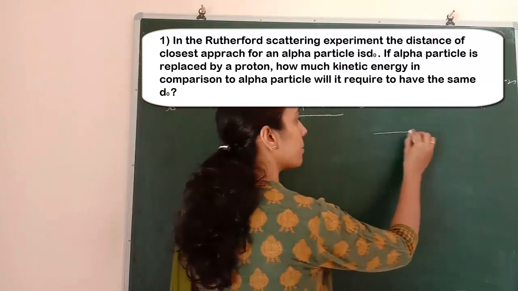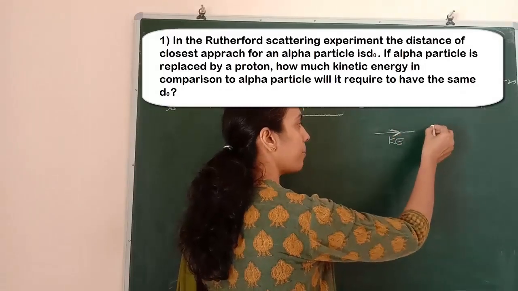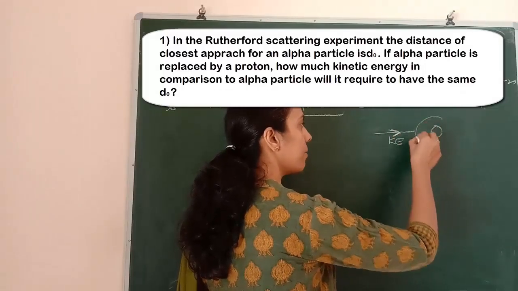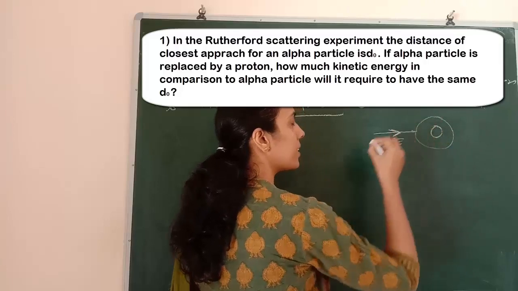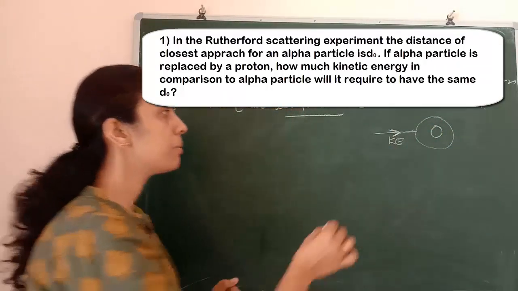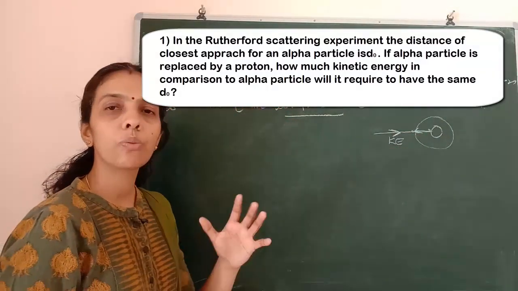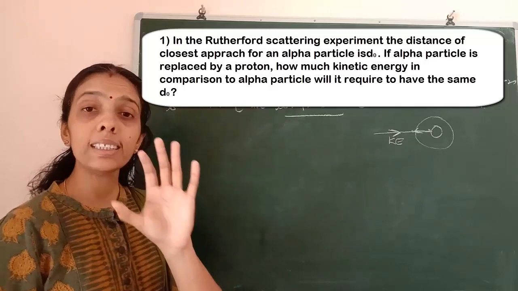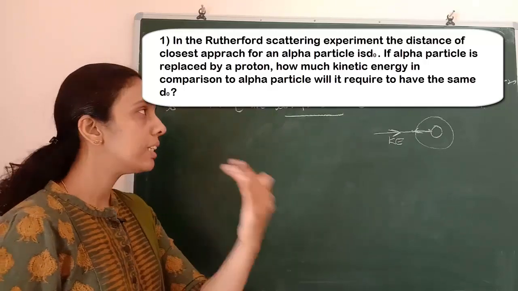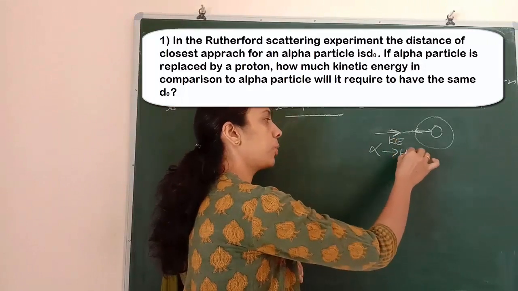Remember what is meant by the distance of closest approach. The alpha particle approaches the nucleus, and the minimum distance at which its kinetic energy is converted into potential energy is this distance, d0. So d0 should be the same. Instead of an alpha particle, we are using a proton.